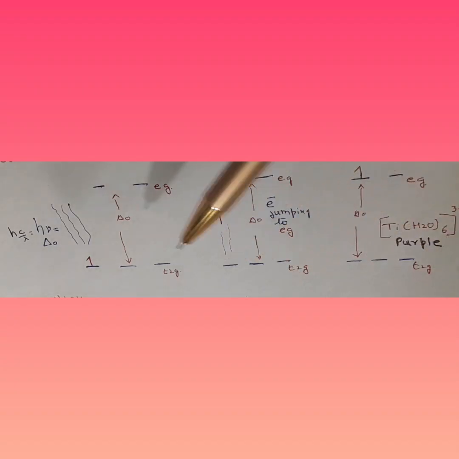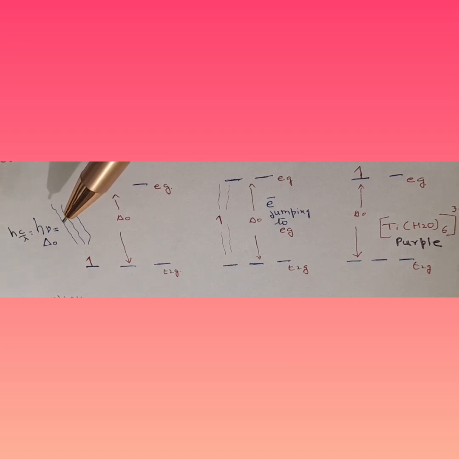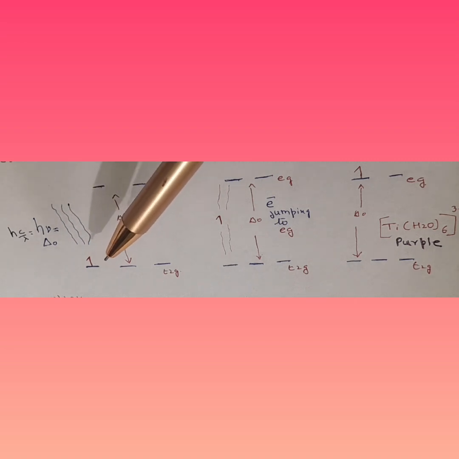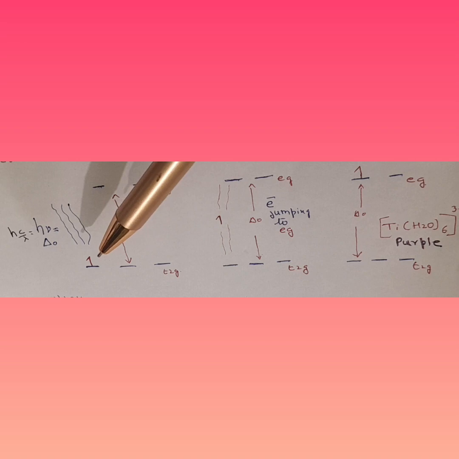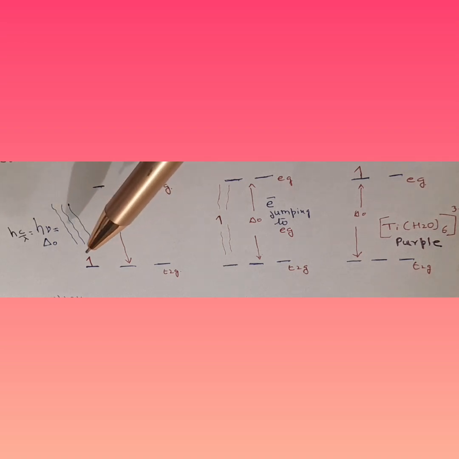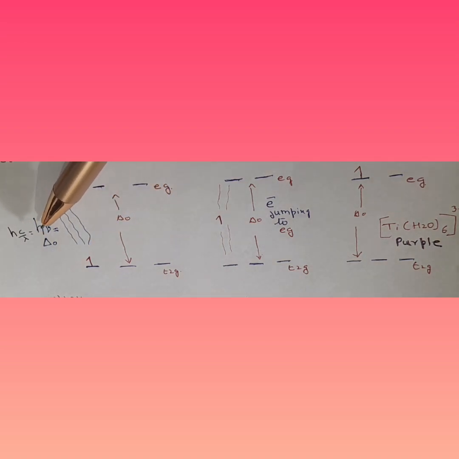Now let's assume that visible rays of light fall on the titanium hexahydrate complex. It falls in the form of photons, light packets, h nu. h nu we know is equal to hc over lambda. h is Planck's constant, c is the velocity of light, also a constant.